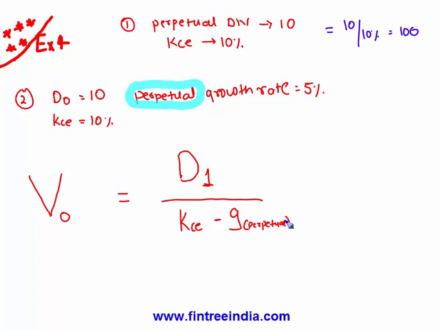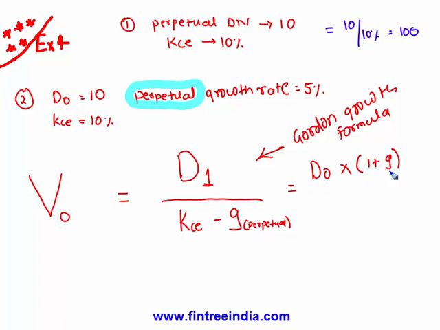It is a growth rate that will remain forever. This formula is referred to as the Gordon growth formula. Now, does the question provide us with D1? No. But D1 can be calculated as D0 into 1 plus G, because we are expecting dividend to grow at G every year, divided by KCE minus G.